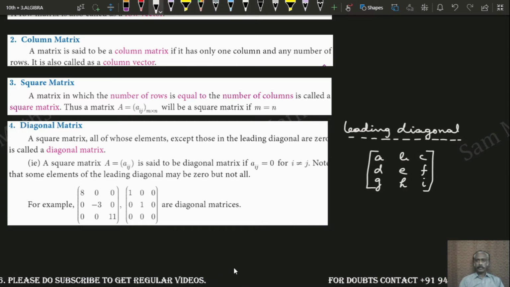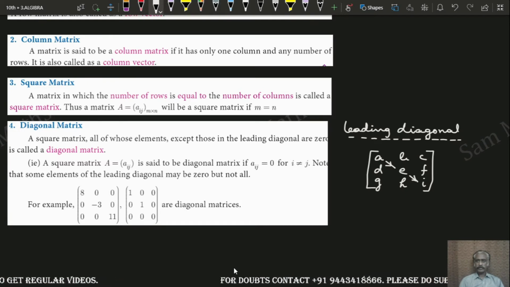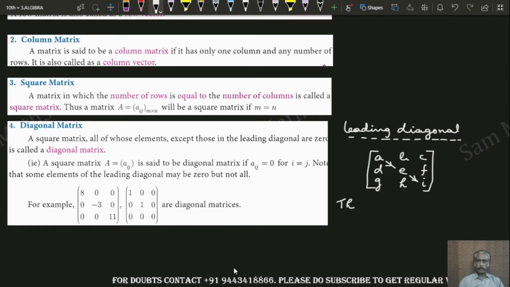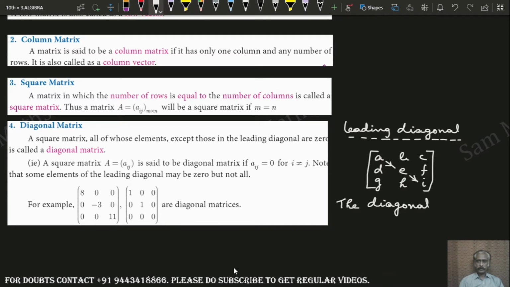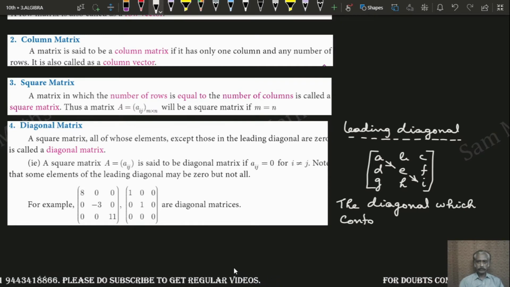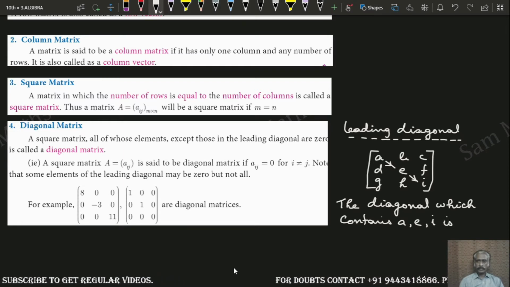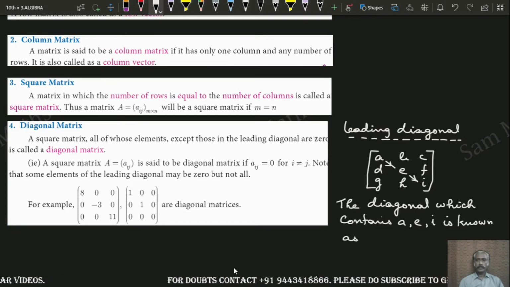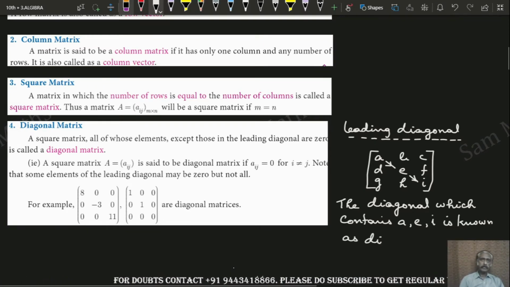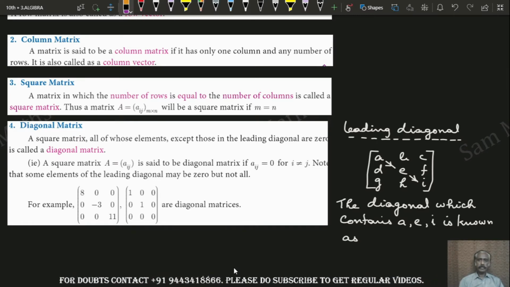In this one I am marking here. This is known as the leading diagonal. The diagonal which contains a, e, i is known as the leading diagonal.